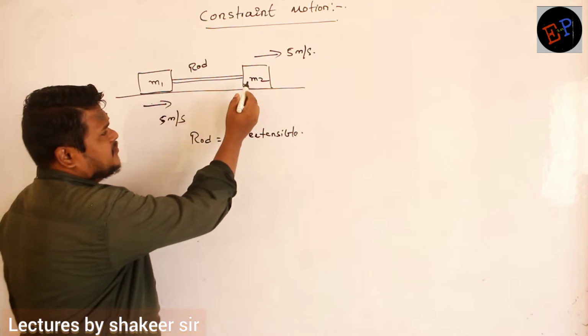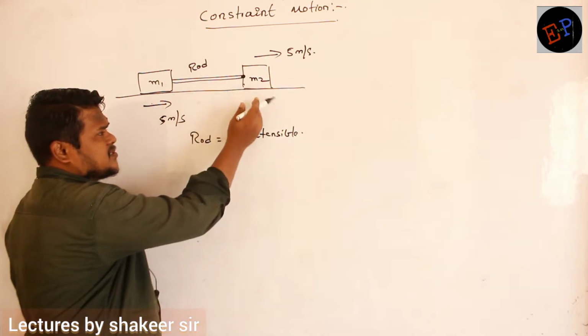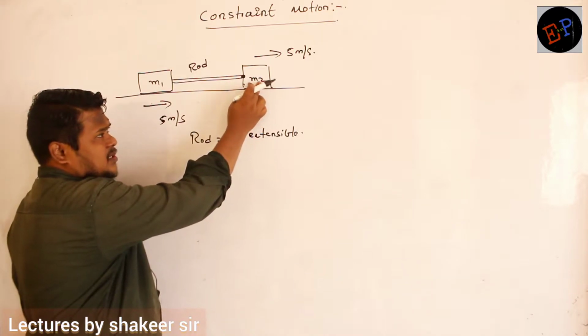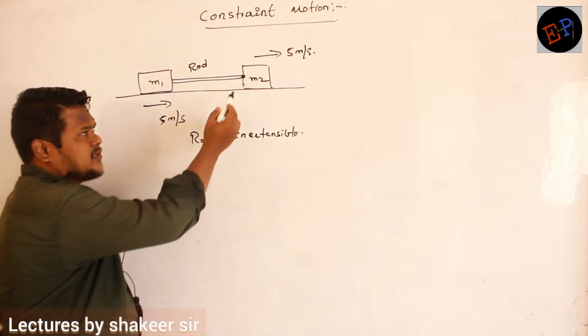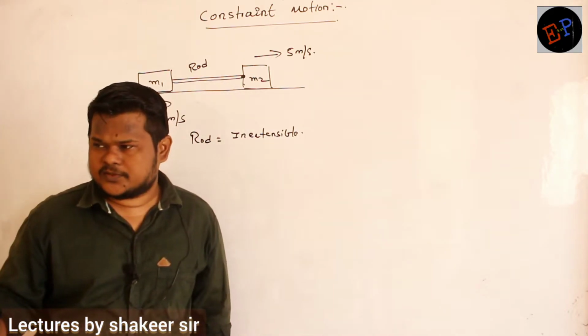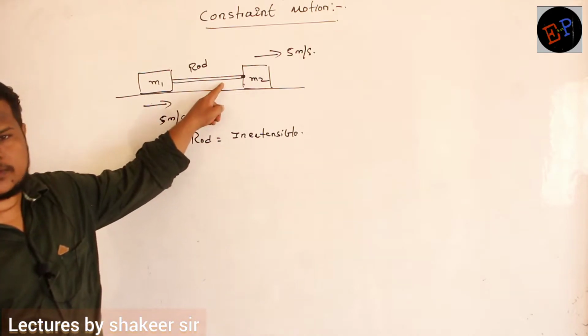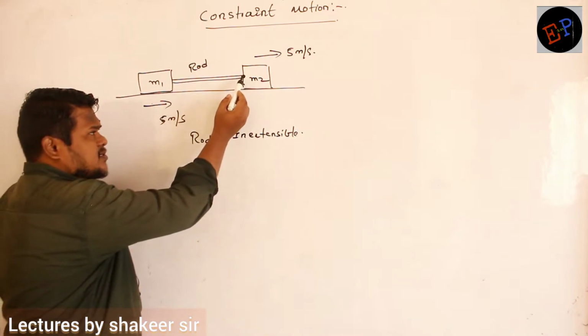Therefore, if you take one point, this is the point which connects mass m2 and the same point connects the rod also. This point connects two bodies. Are you able to understand? So then what will be the velocity of this point?